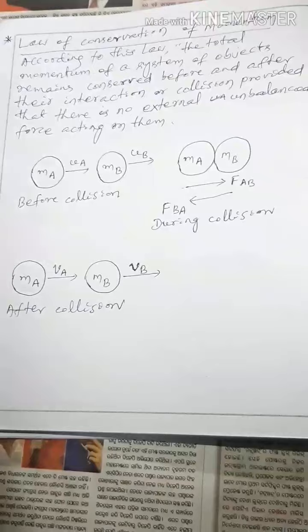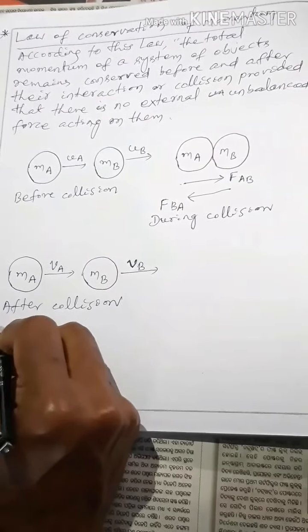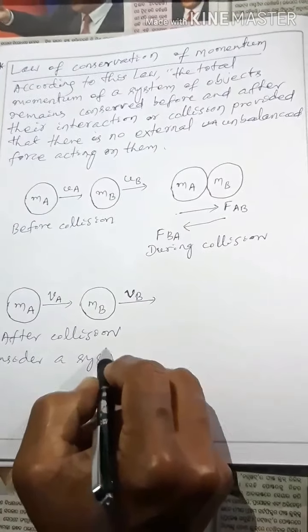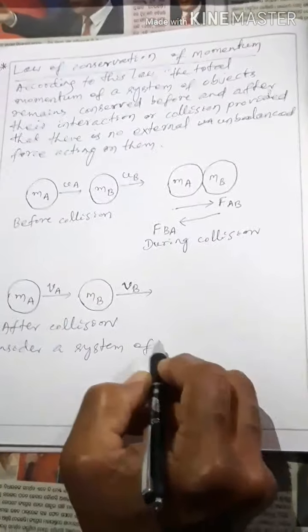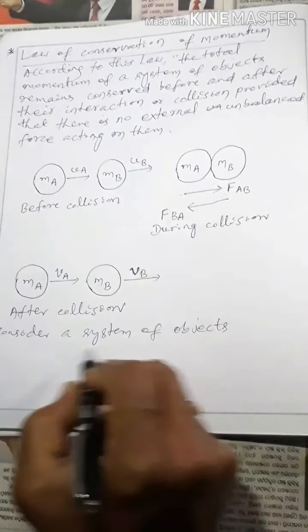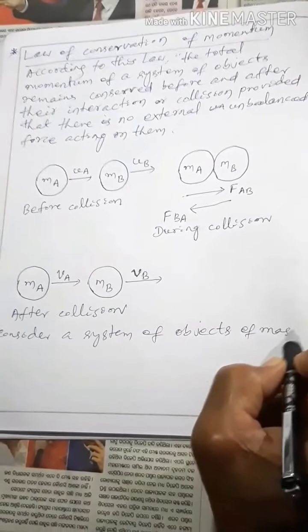So let's write it. Consider a system of objects of masses MA and MB.